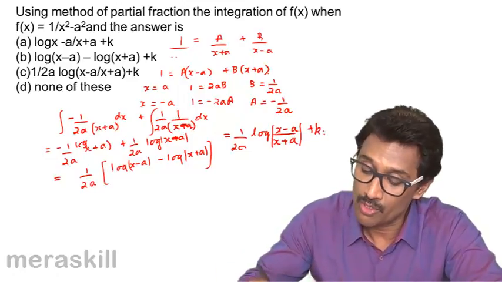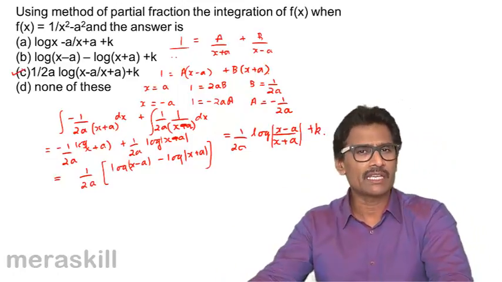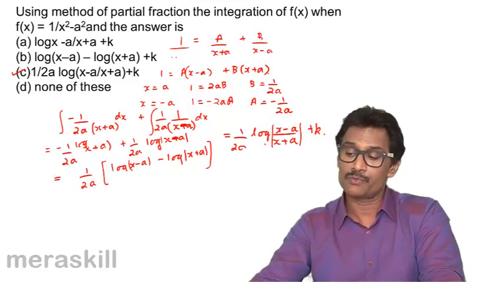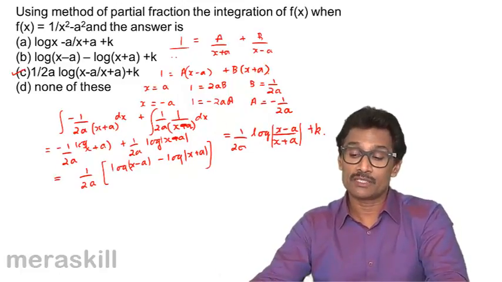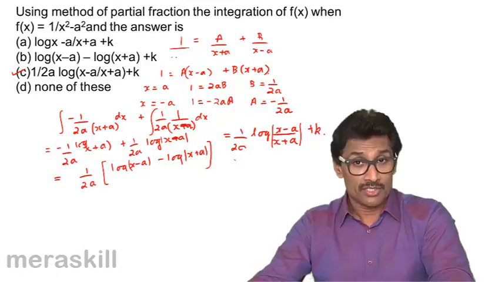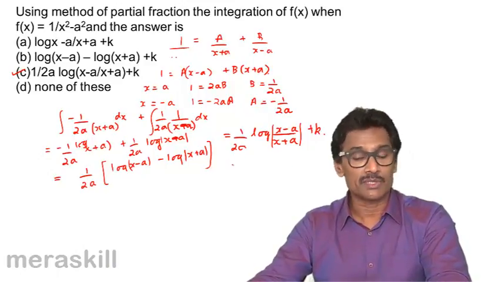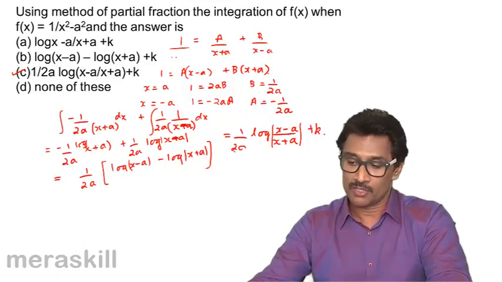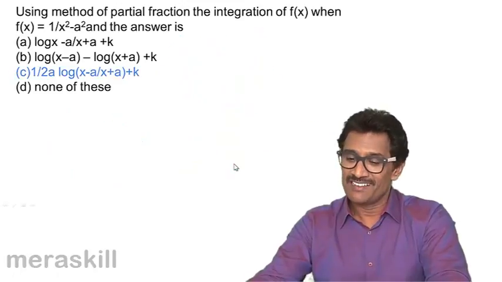So it's going to be option number C, which in any case we know is a standard formula we have used, but this is just to tell that the formula has been derived by using the concept of partial fractions.